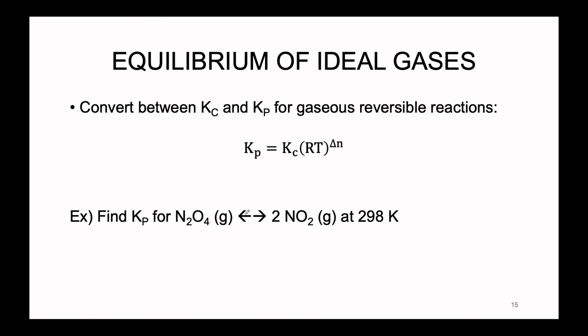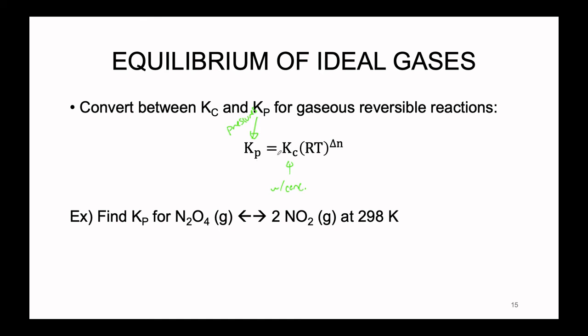All right, but we can relate Kp and Kc to one another using the ideal gas law. We can convert between Kc and Kp using this equation here. Your Kp is going to be with pressures, and your Kc is going to be with concentrations.